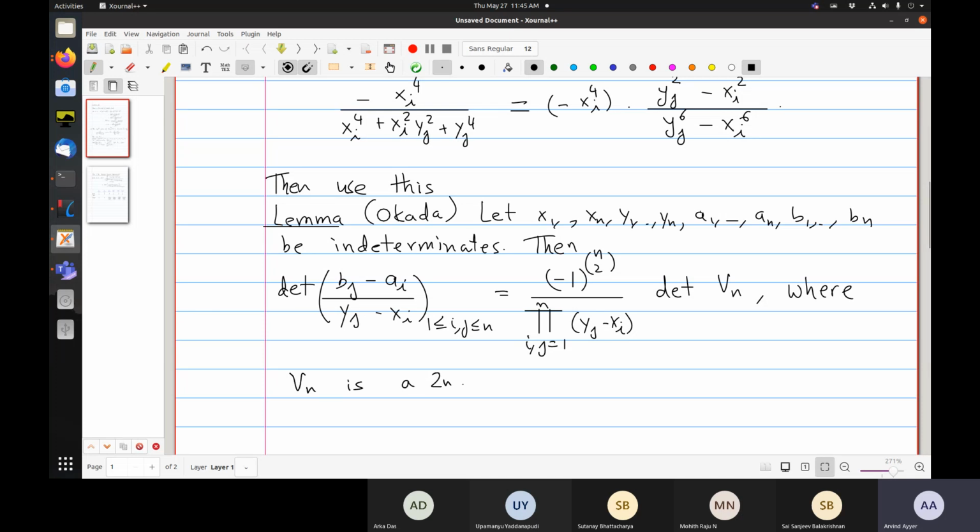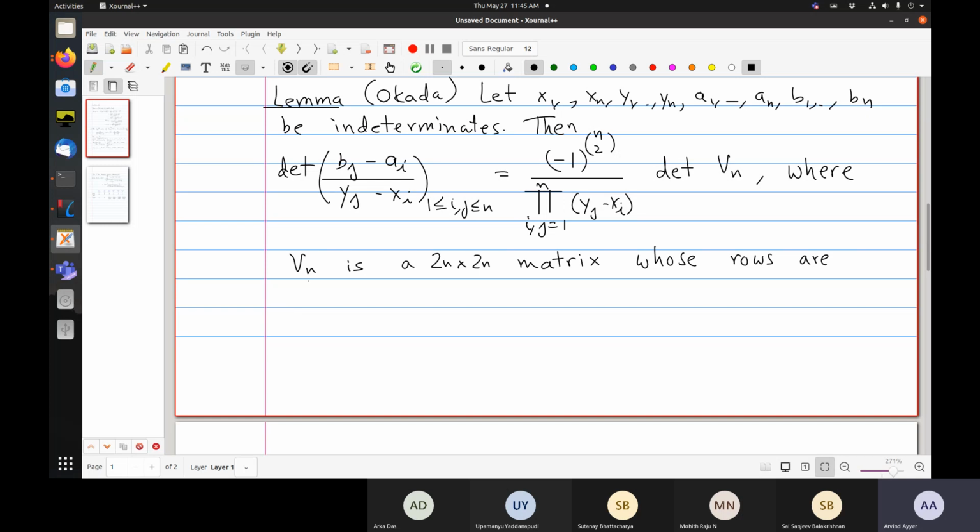where Vn is a 2n by 2n matrix whose rows are either of the form 1, xi, up to xi to the n minus 1, ai, ai xi, up to ai xi to the n minus 1, for the ith row, 1 less than or equal to i less than or equal to n, or it's 1, yi, up to yi to the n minus 1.